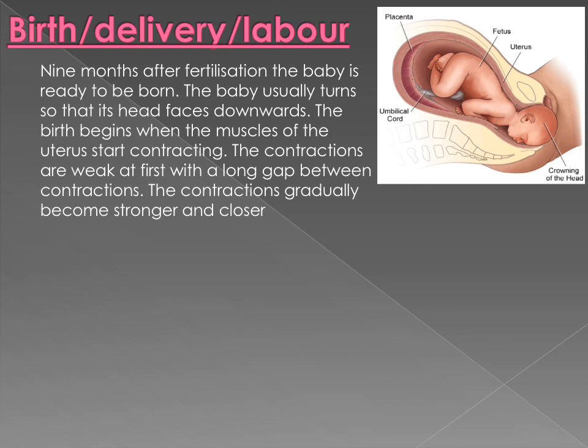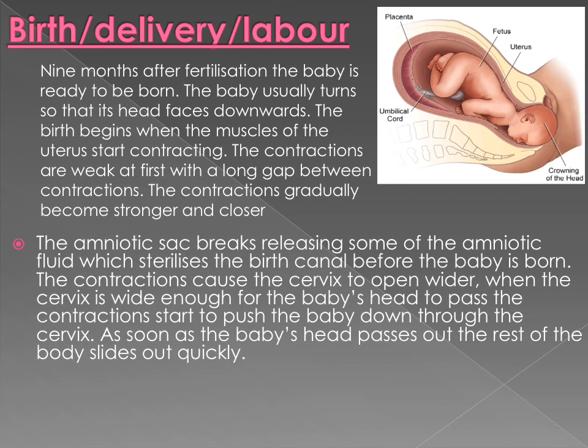So that she gives birth. When the contractions are very strong, one of the first things that happens is that the amniotic sac, remember, the one that keeps the baby and the amniotic fluid in one place, it breaks, and when it breaks, it releases the amniotic fluid. That works for two good things.